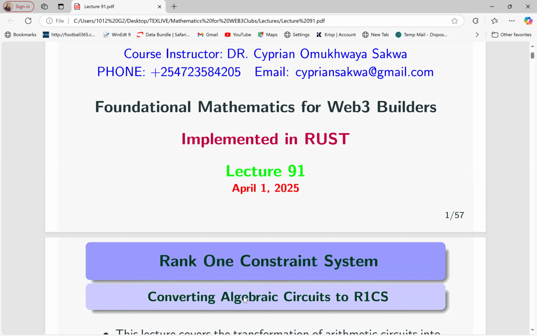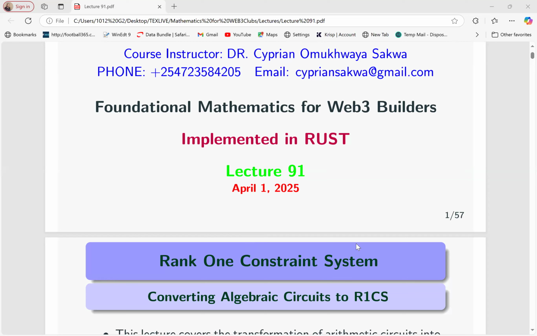So it's very important. Last time we were looking at the algebraic circuits. Now we use the knowledge of the algebraic circuits. We take the algebraic circuits and convert them straight away to rank 1 constraints. So we learned how to write the algebraic circuits.